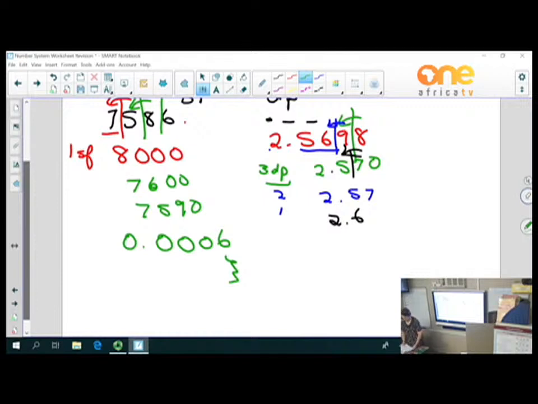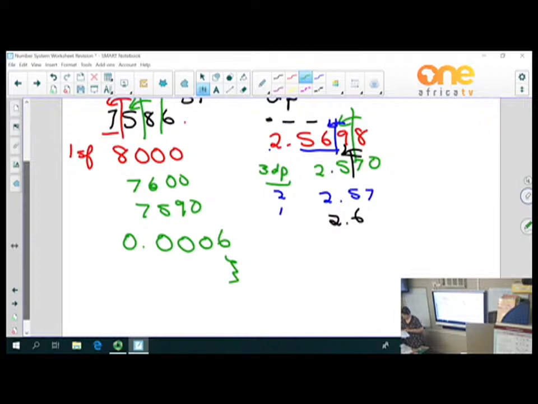Because grade 10s, your question paper is going to say on the front page, round off to 3 significant figures if it's not exact. And if you don't adhere to that, you're going to lose marks. I've seen learners losing 8 marks on a paper because of rounding. So we're going to be very strict on that from here on now.